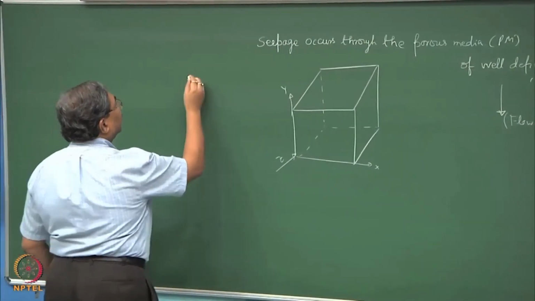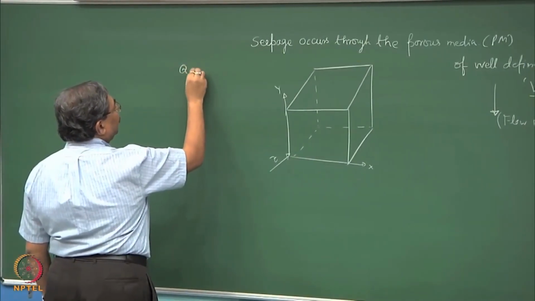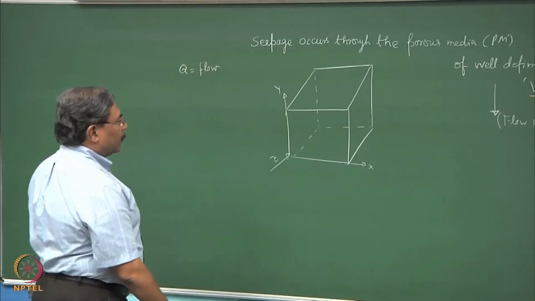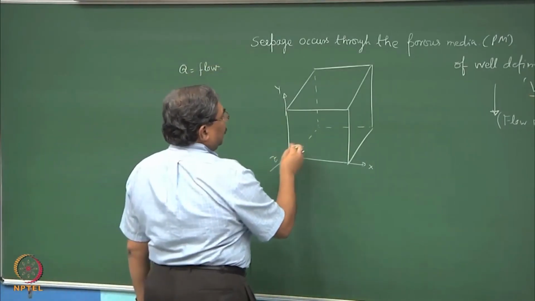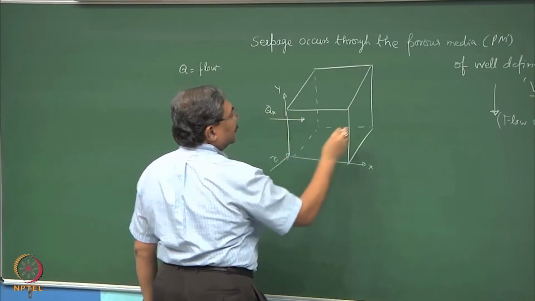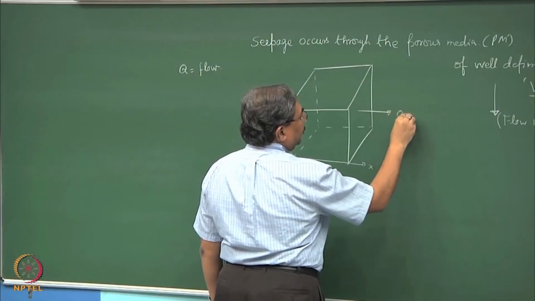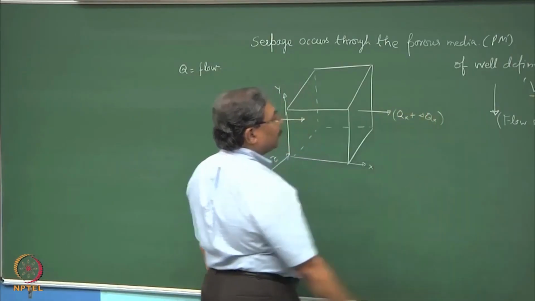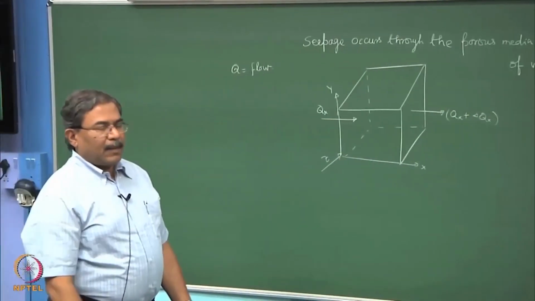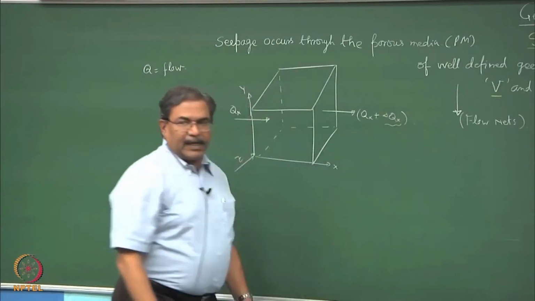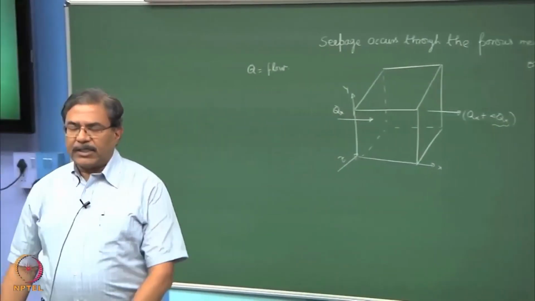So, if I say that the flow is Q, which is entering the control volume, so in the x direction the Qx enters, and what comes out is Qx plus delta Qx. I am just using delta Qx to demonstrate that there is some change in the discharge.